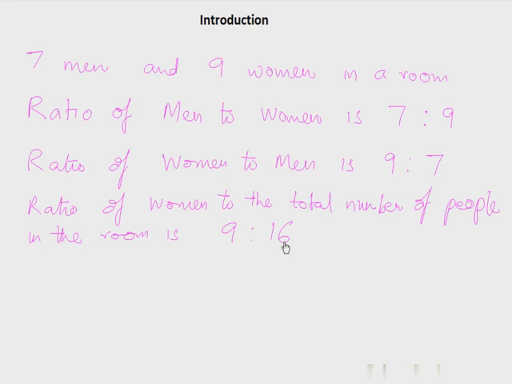And of course, I can also give the ratio of the total number of people to the men in the room. So, total to men would be 16:7. So, we are just comparing two numbers, and that's a ratio.